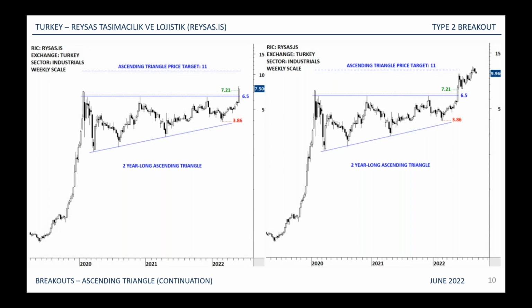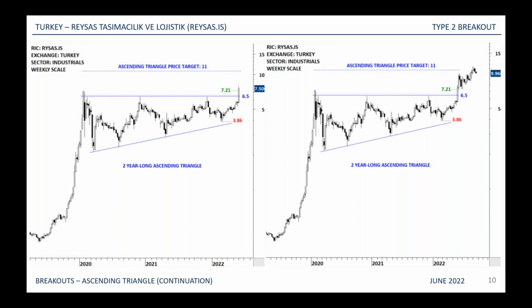So Research is a logistic company, massive 2-year-long ascending triangle completed. This is a type 2 breakout. So the breakout confirmation chart pattern negation level is at a minor low. So if you want to play this with a tight stop loss, your protective stop is going to be right below 6.5.